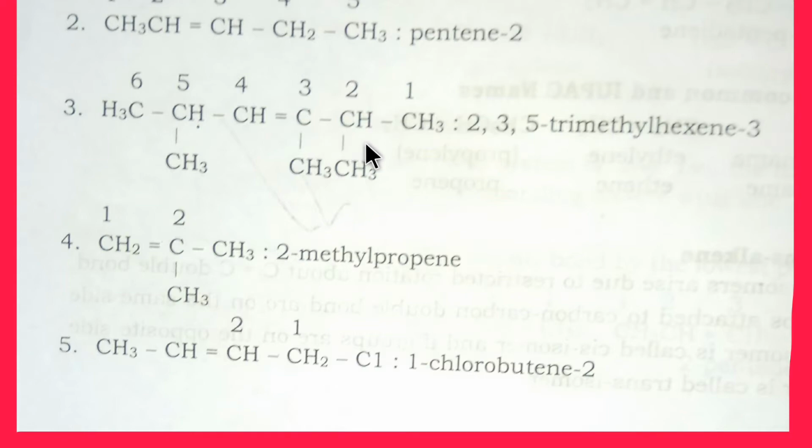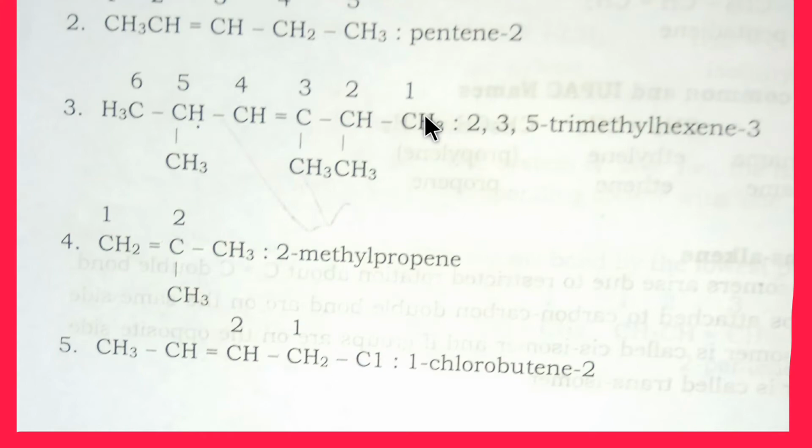So now I have to think about the branches. If I number from right to left, then I am getting two substituents, and if I number from left to right, then I am getting one substituent. I have to prioritize this way because I am getting more substituents.